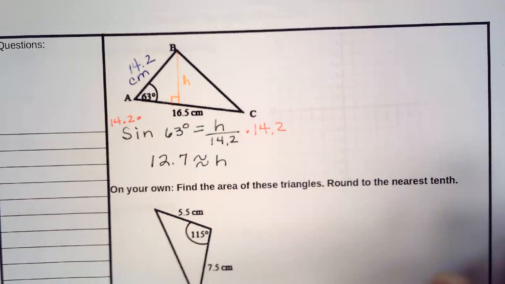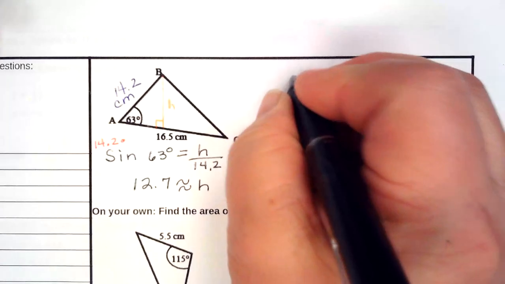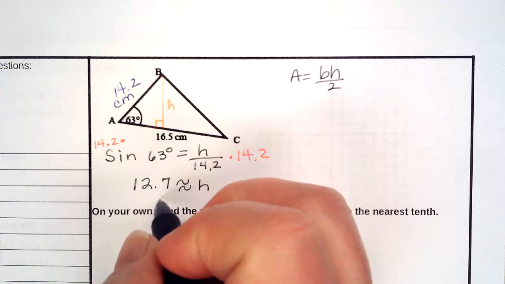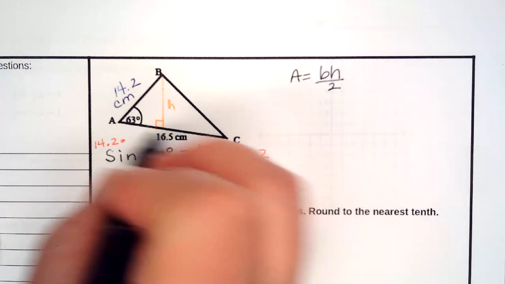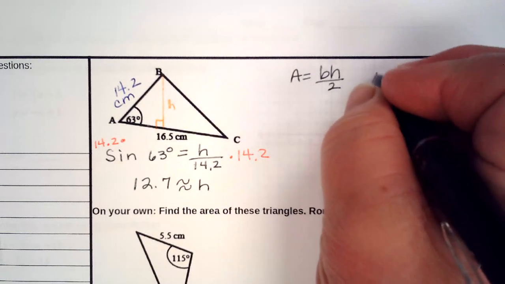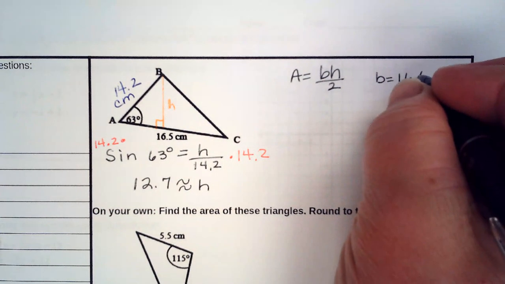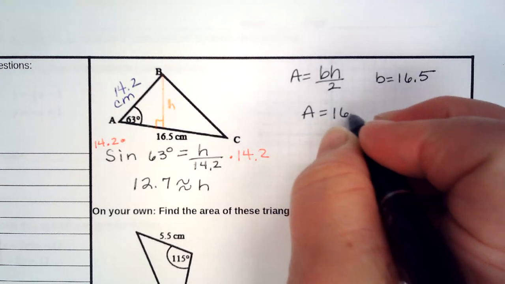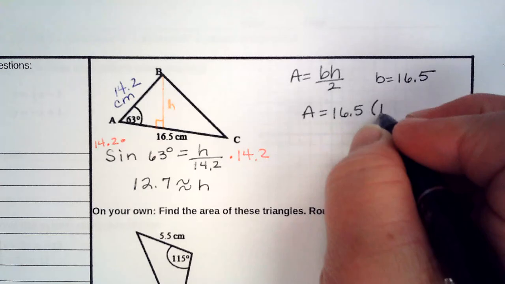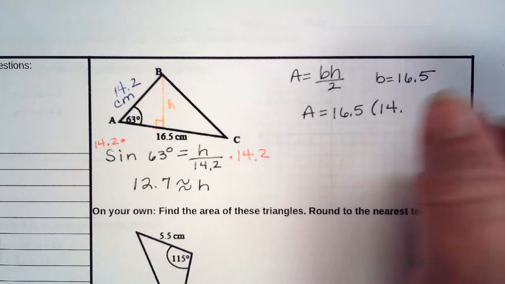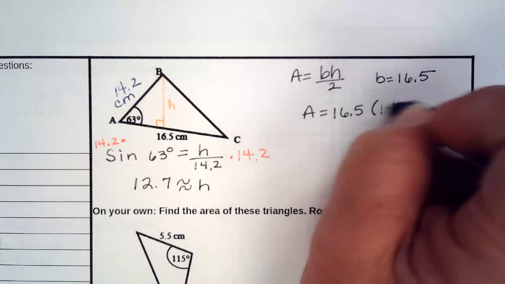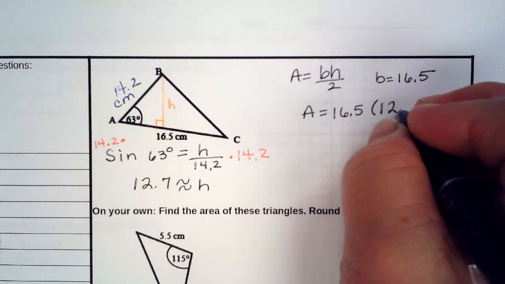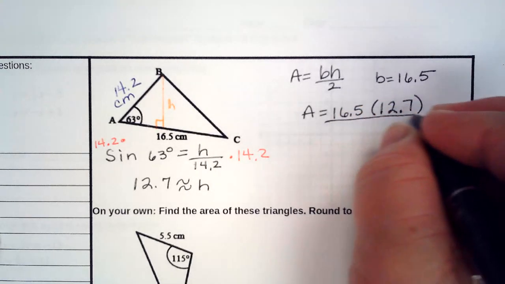Now, when I get ready for my area, I know that my area is base times height divided by 2. My height is 12.7. My base is 16.5. Putting it all together: 16.5 times 12.7, and then divide the whole thing by 2.